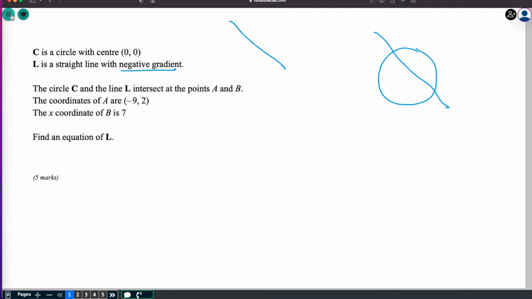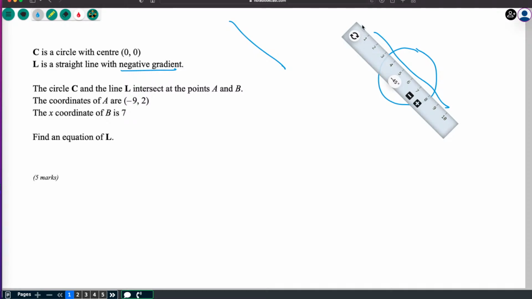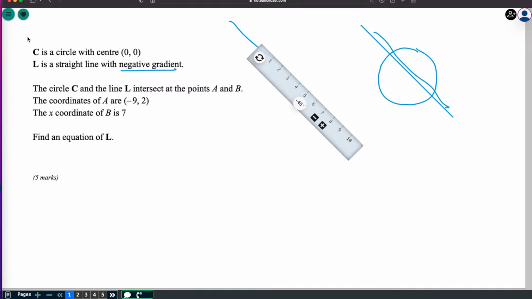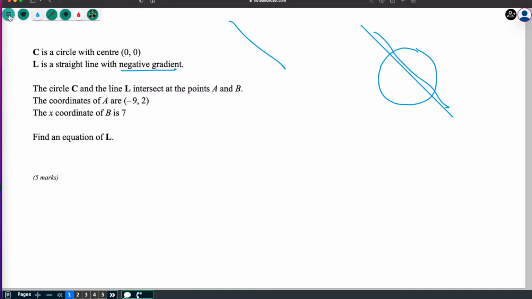Actually, there's a ruler here somewhere. Let me use a ruler. So we want our line and we want our circle.